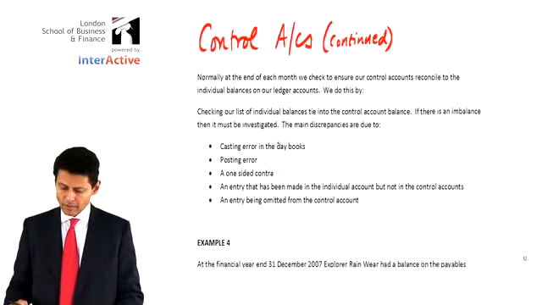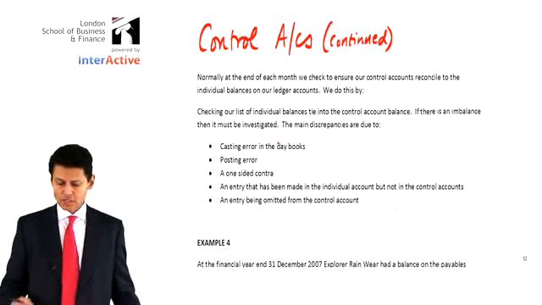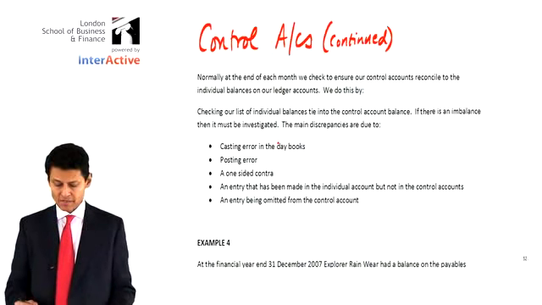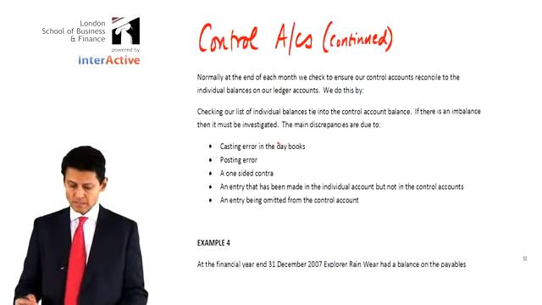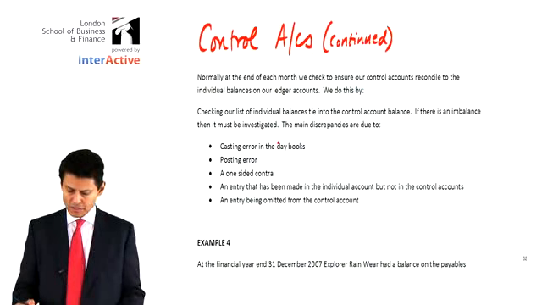So if you look at the screen on page 52, normally at the end of each month, we check to ensure our control accounts reconcile to the individual balances on our ledger accounts. So it is all about reconciling. So checking our list of individual balances tie into our control account balance.